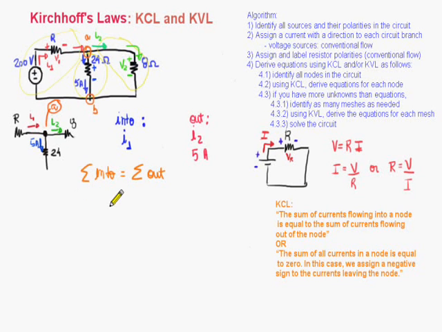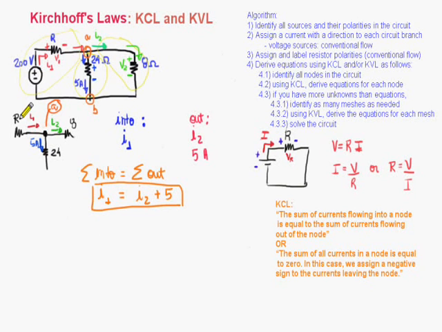Sum here and sum there. Since I have only 1 current here, that will be equal to I1, and here will be equal to I2 plus 5 amps. I'm gonna drop the notation here just to be easy. So this is my equation according to the first definition.